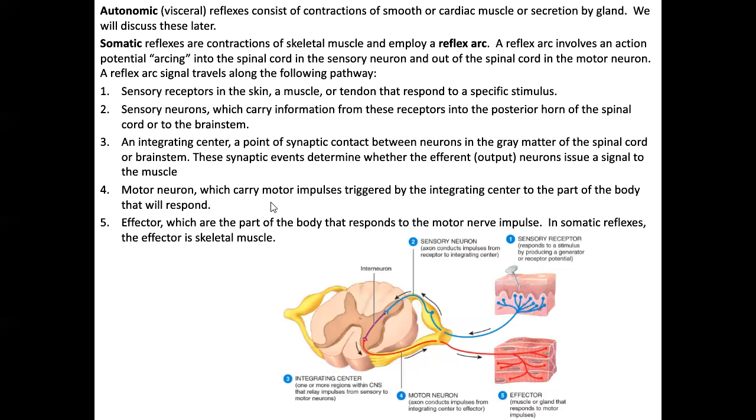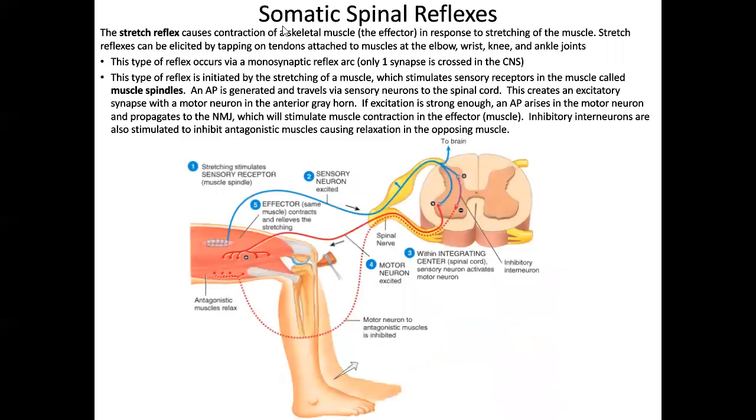But for now, let's just talk about somatic reflexes, and we're going to call them somatic spinal reflexes. So we're talking effectors being skeletal muscle, somatic, and information processing, the integrating, is taking place in the spinal cord. The first reflex is that same reflex I've been talking about here for the last couple of days.